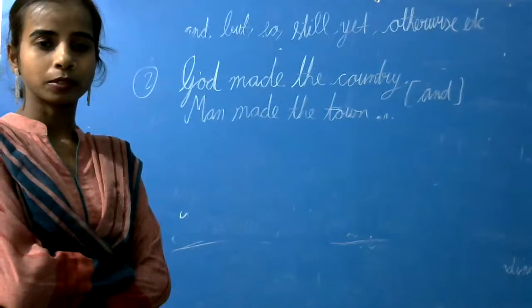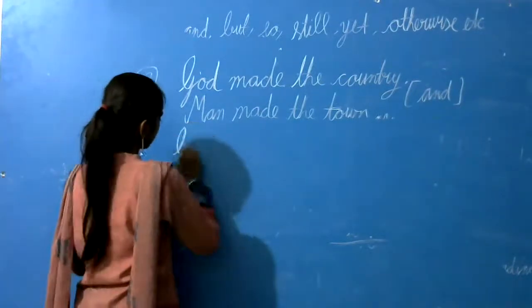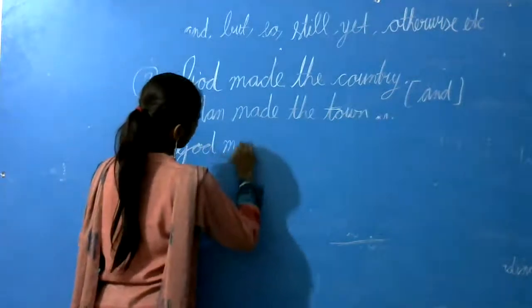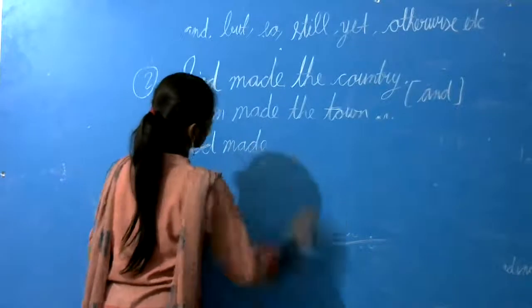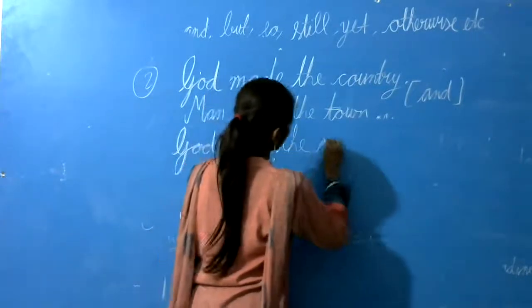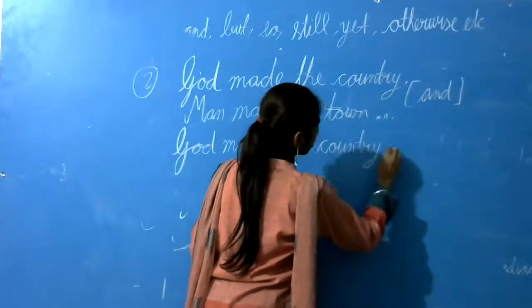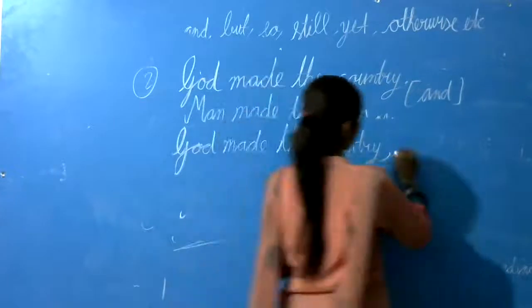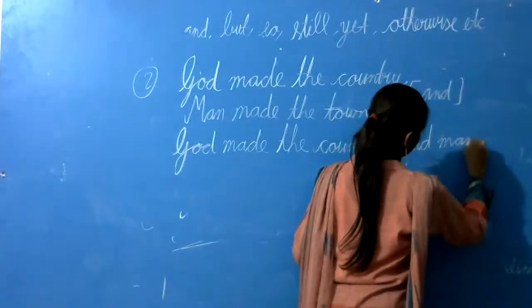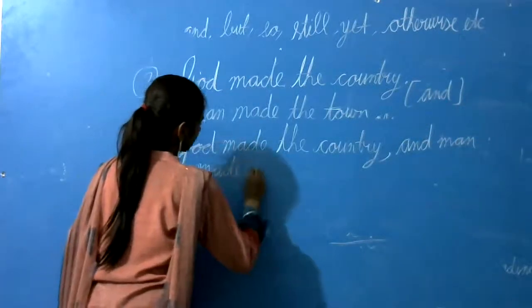See, God made the country. Now using and, first we will use a comma, then and, man made the town.